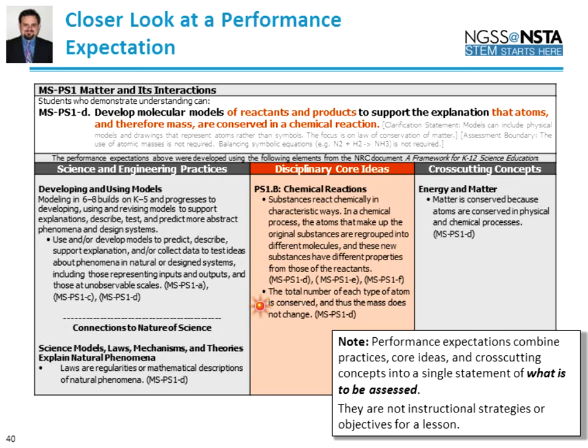Those core ideas are represented there. And then this element about mass is conserved in a chemical reaction: this idea that matter is conserved because atoms are conserved in physical and chemical processes. So that's also in place here. And so all of those different elements, the cross-cutting concepts, the disciplinary core ideas, and the science and engineering practices, can be assessed through this performance expectation, the development of tasks that would do this.